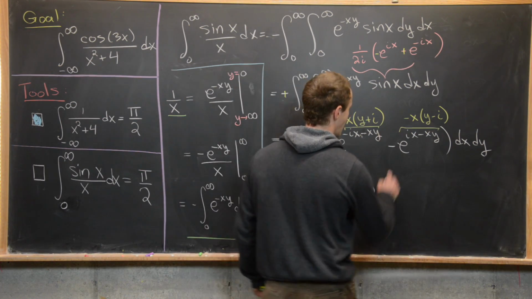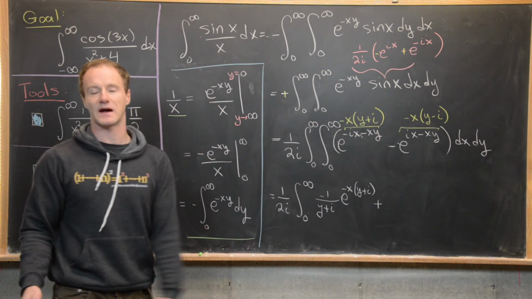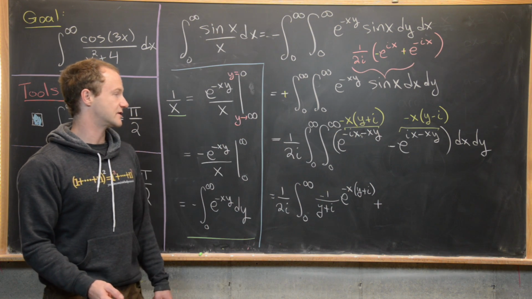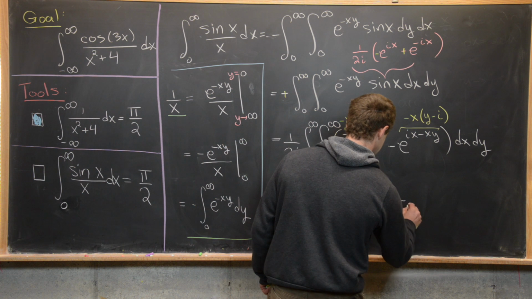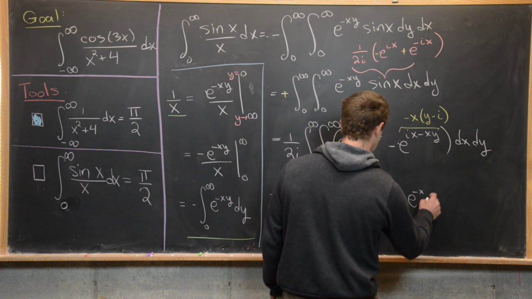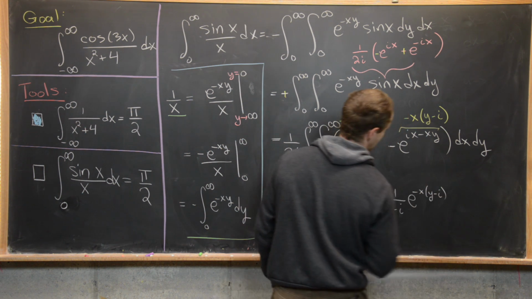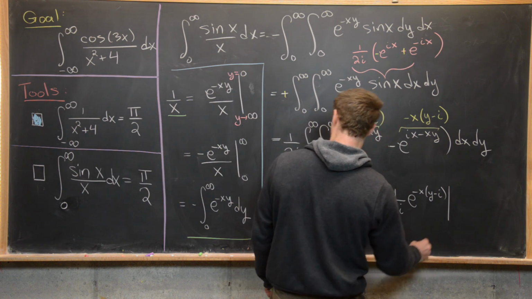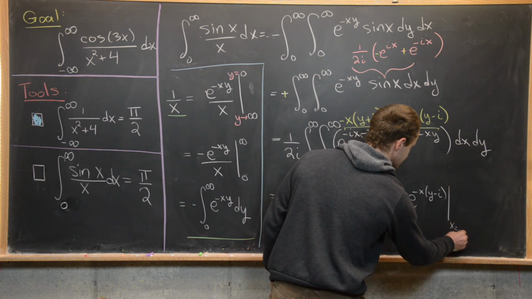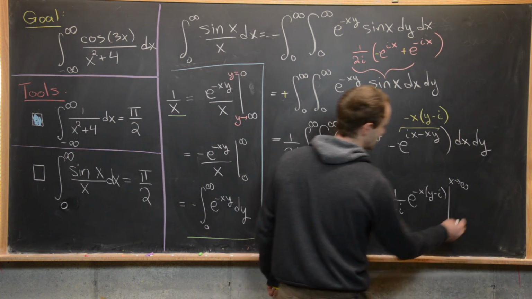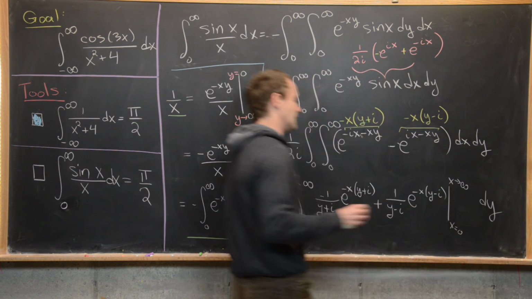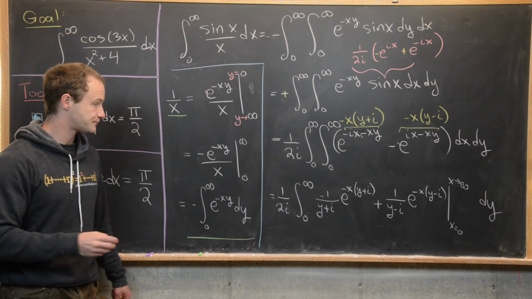And then we'll have plus, since that minus sign and that minus sign cancel via the integration, 1 over y minus i e to the minus x times y minus i. Now I'm evaluating that from x equals 0 up to x approaching infinity, and all of that is within a dy integral.